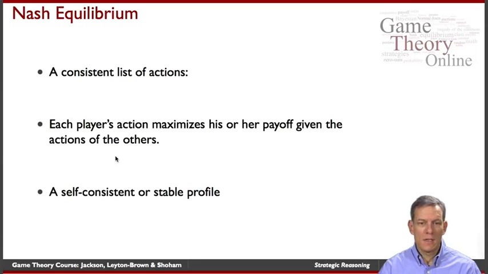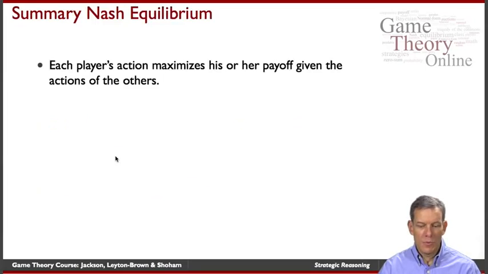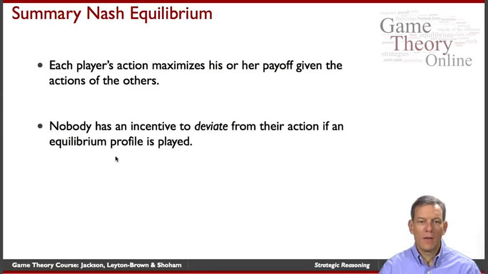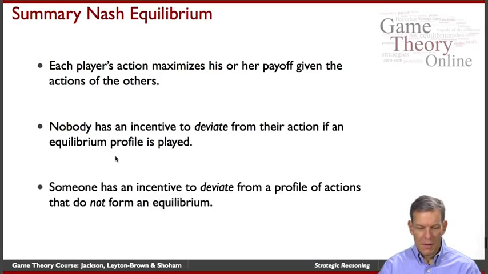It should be self-consistent and it's stable. Nobody has an incentive to deviate from their action if an equilibrium profile is played. Someone does have an incentive to deviate from a profile of actions that do not form an equilibrium.